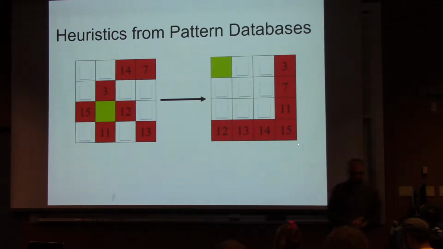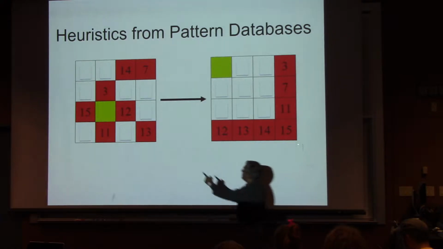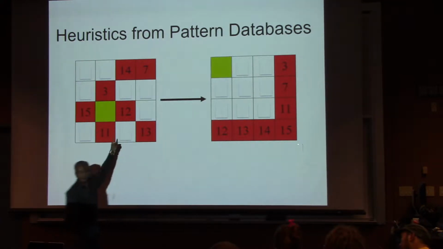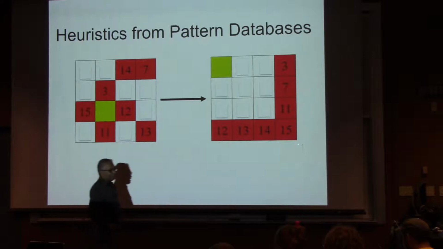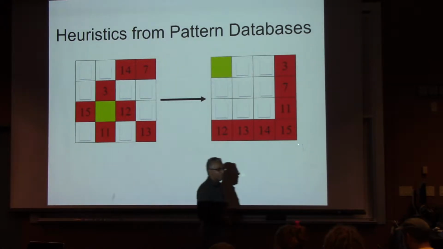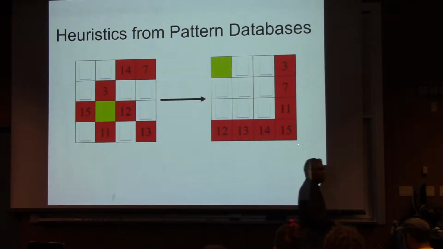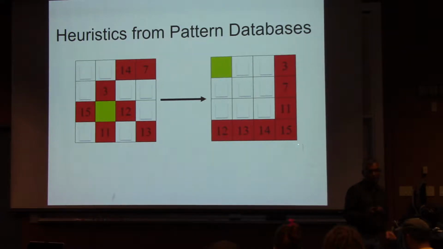Okay? Right? So, this is a new kind of puzzle problem. This is an abstraction of the original puzzle problem that you probably didn't think about. The kind of abstractions you thought about were: act as if tiles can just jump to the right position, in which case that would lead to the number of misplaced tiles heuristic.